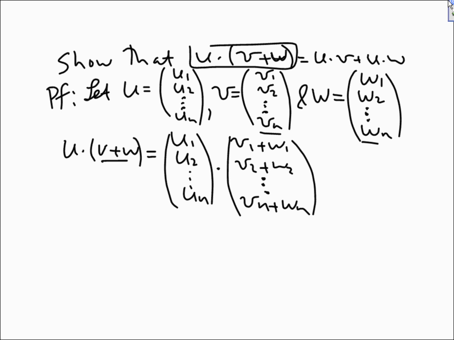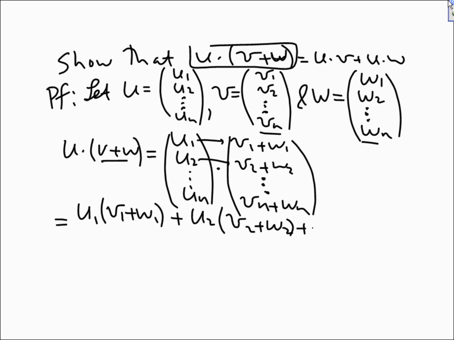And if I dot this, that means I multiply those. U1 times (V1 plus W1), plus U2 times (V2 plus W2), all the way down to Un times (Vn plus Wn).